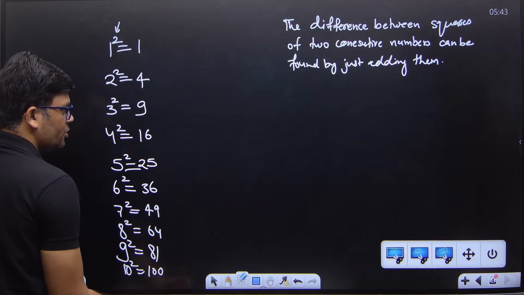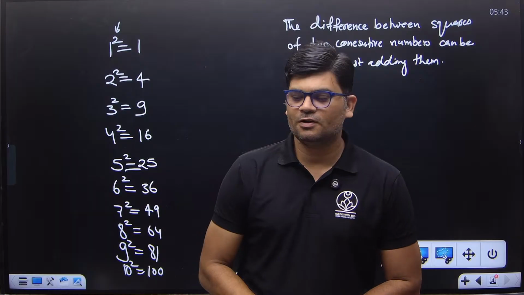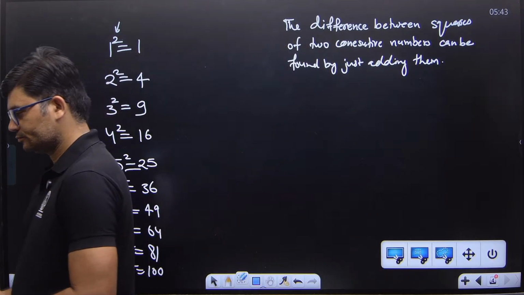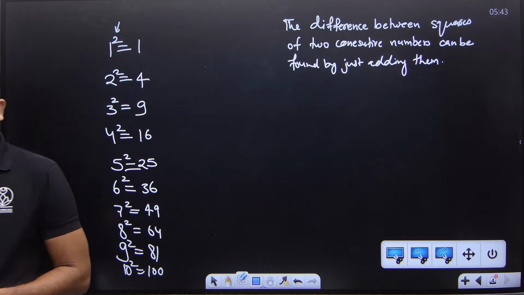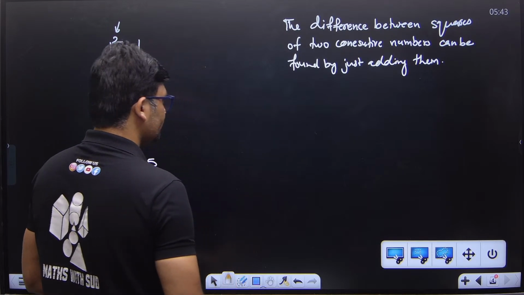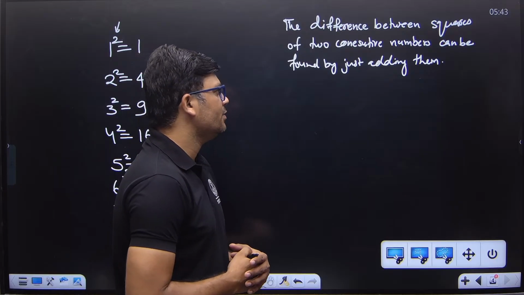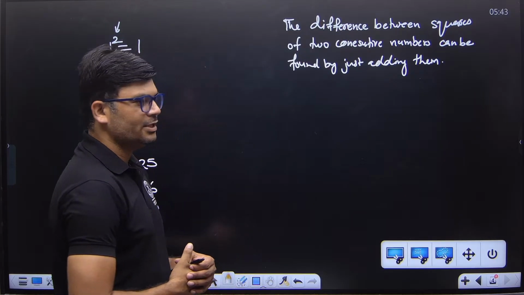If you add two consecutive numbers, you are always going to get an odd number, because one of the numbers is even and the other is odd.